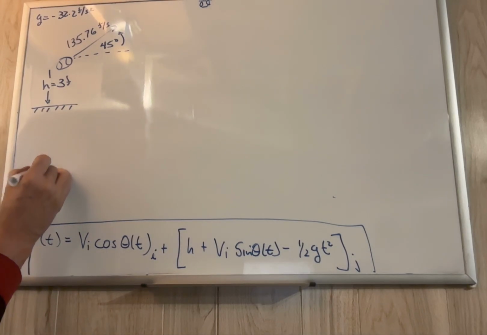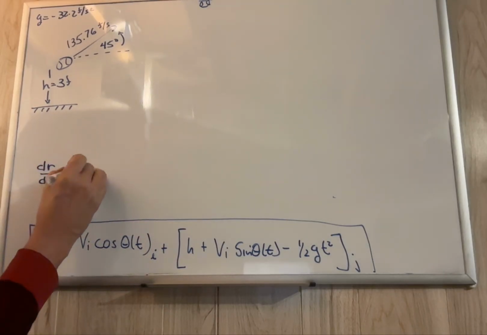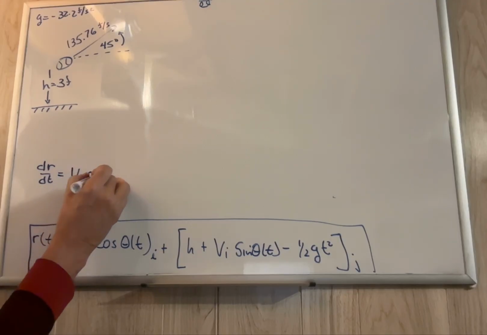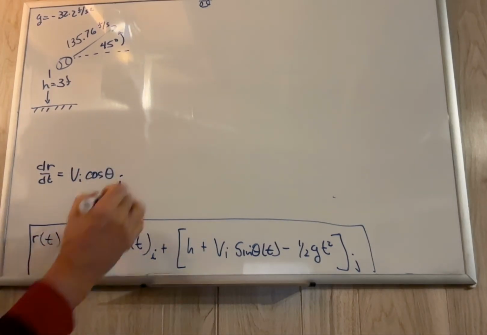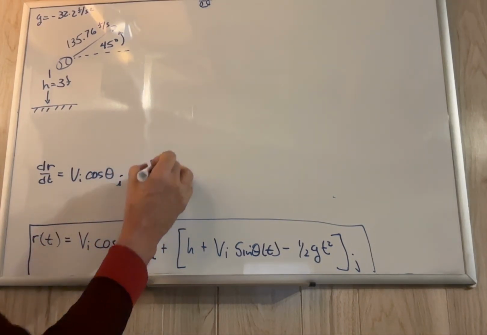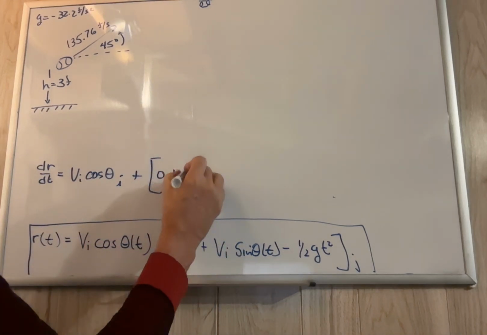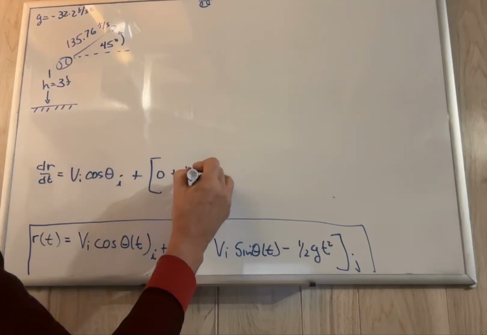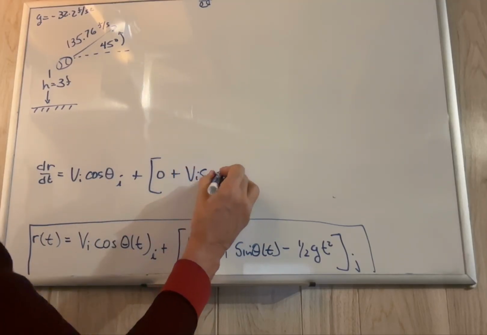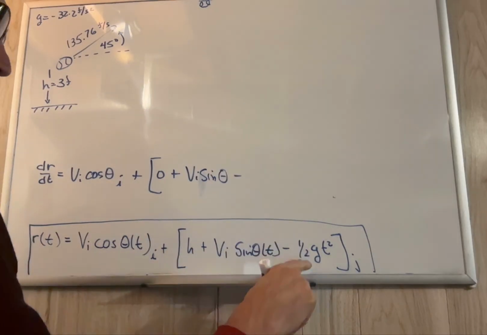This would be dr/dt, which is going to be equal to velocity initial times cosine theta, and the derivative of t is just 1, so that's going to be our i direction, plus, let's look at h. The derivative of h is going to be 0, plus velocity initial times sine theta, the derivative of t is just 1, minus 1/2.